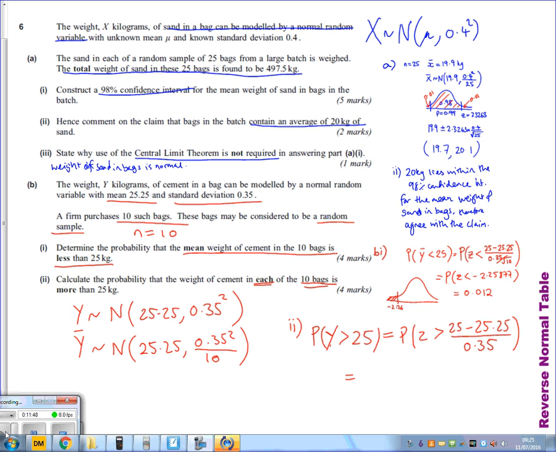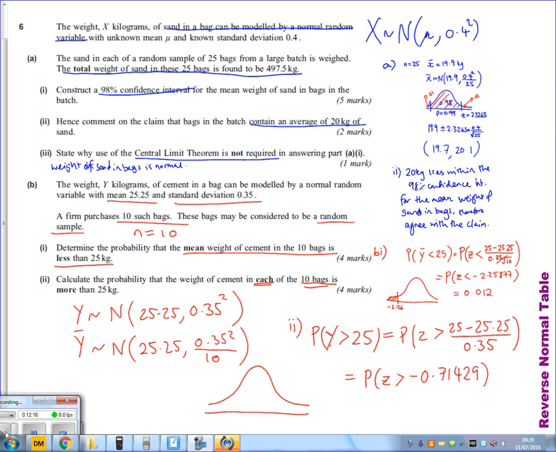So if we work out that Z value, just do it on my calculator. Z is greater than, and again it's going to be negative because we're to the left of the mean, minus 0.7149. And I could just do that on my calculator, or I can think about the distribution.